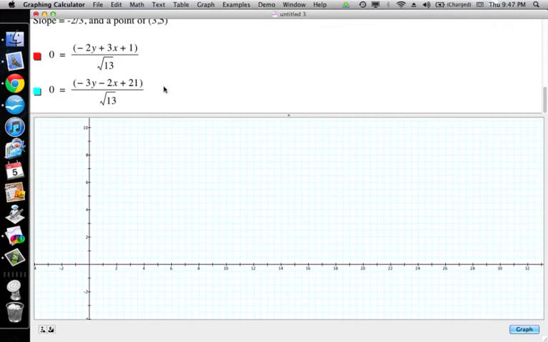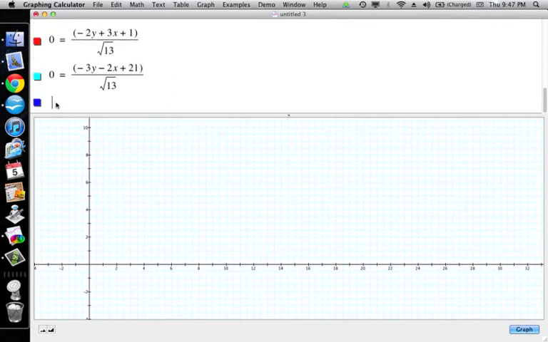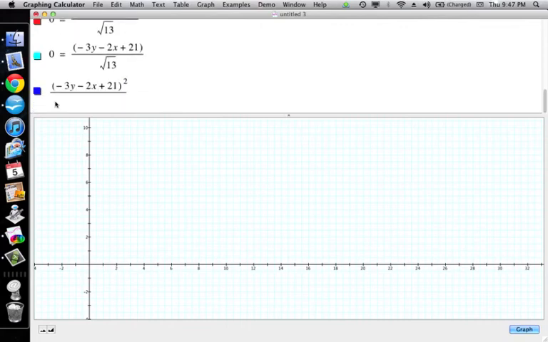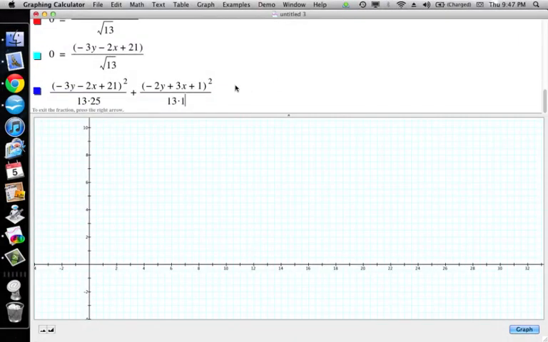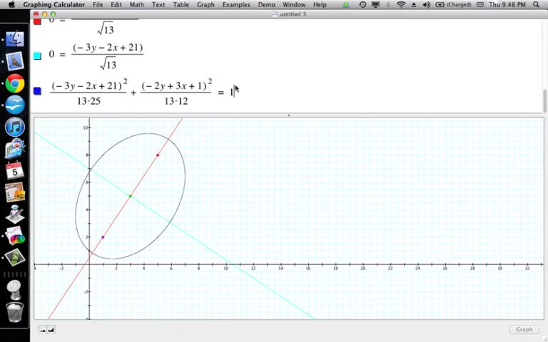What I want to do is take this squared divided by 13, which is that squared, times that 25, plus this squared, all that over 13, times, and my coefficient over there was 12, equals 1, and there's my ellipse.